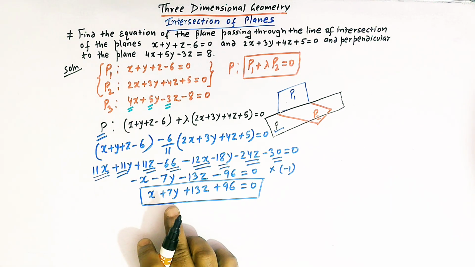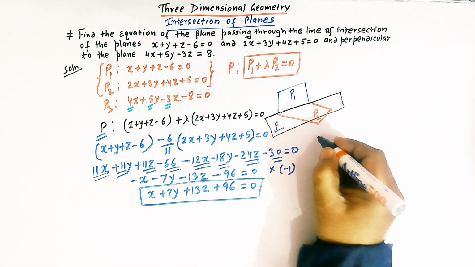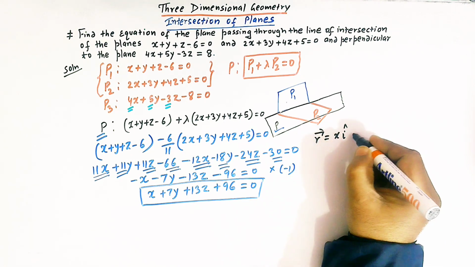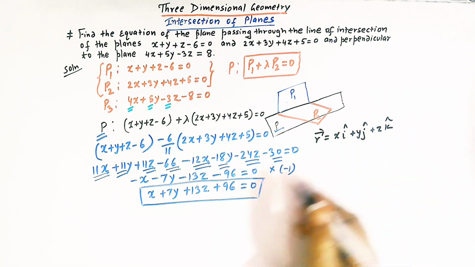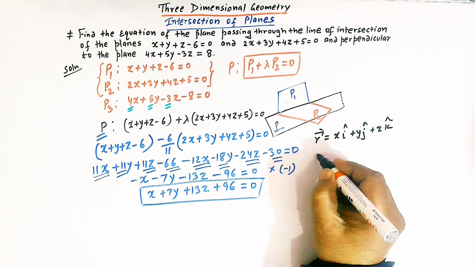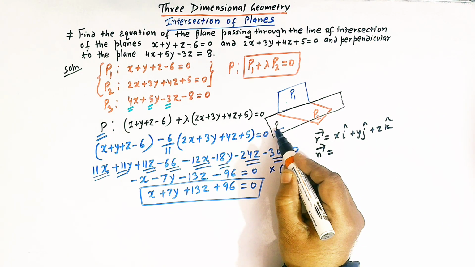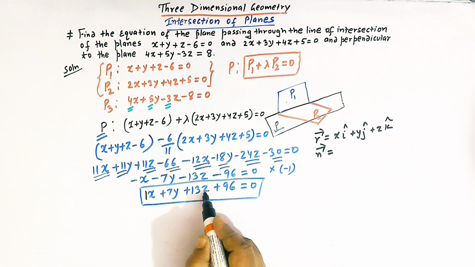So here we can also express this Cartesian equation in vector form. So representing the vector r by x i cap plus y j cap plus z k cap, and we have a vector n which is the normal vector to this plane P, which is given by the coefficients of x, y, and z.